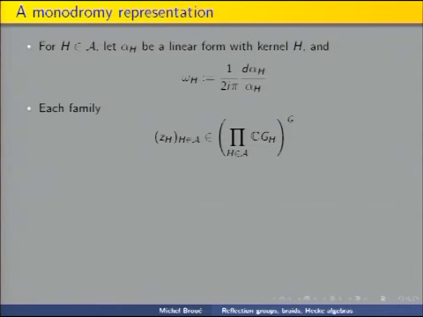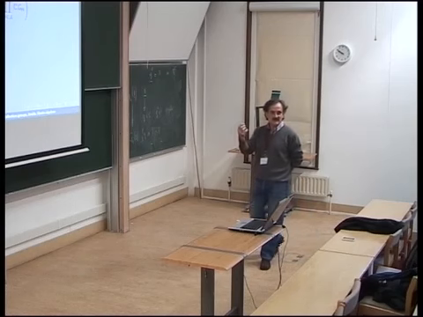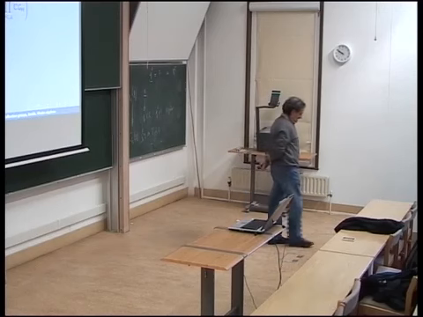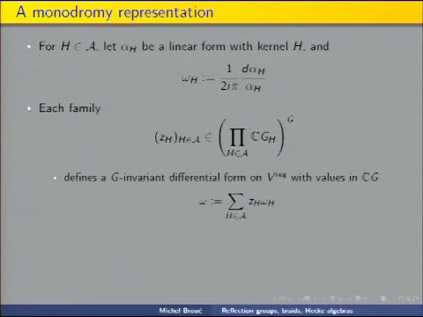Remember, this G_H contains all the information up to a certain level. They contain all the reflections. And I take a G-stable family of vectors in this direct product of local reflection groups. So each family defines a G-invariant differential form on Vreg with values in CG, which is defined that way: omega is the sum for H in A of Z_H, where they are defined, omega H. All right?